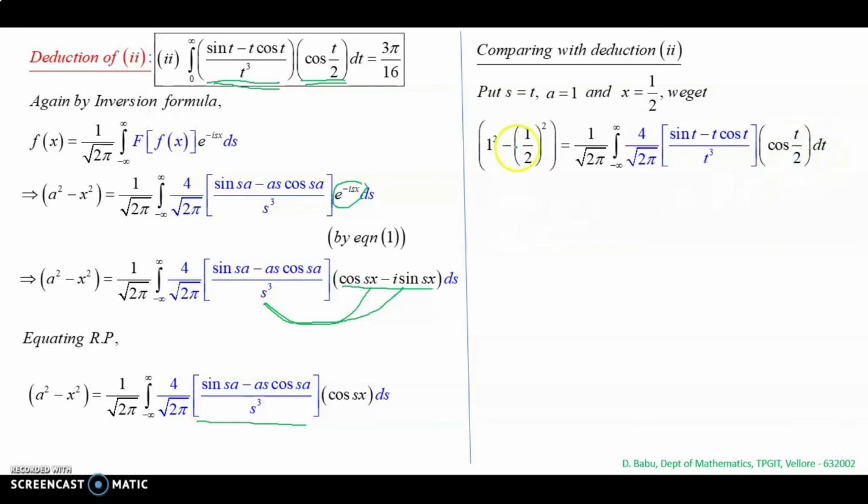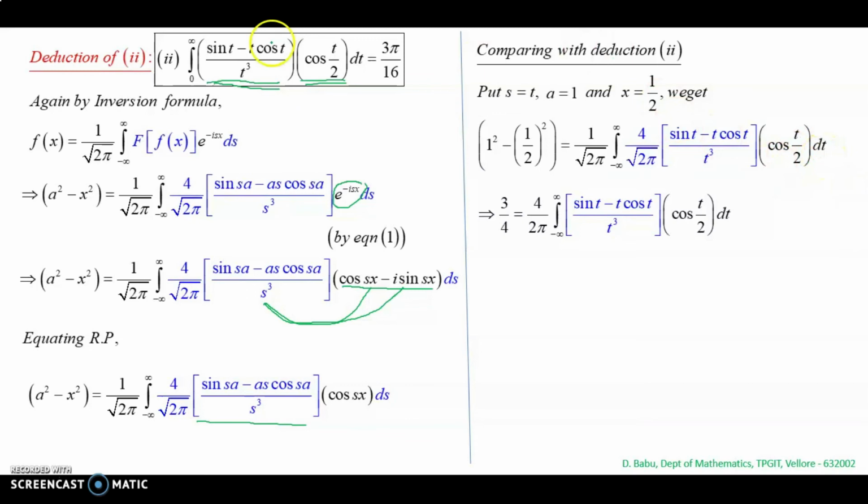So this implies 1 minus 1 by 4, which is 3 by 4, equals 4 divided by 2 pi, integral from minus infinity to plus infinity of (sin t minus t cos t) divided by t cube, cos t by 2, dt.